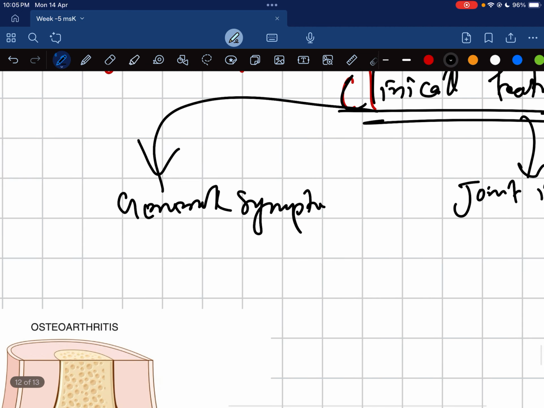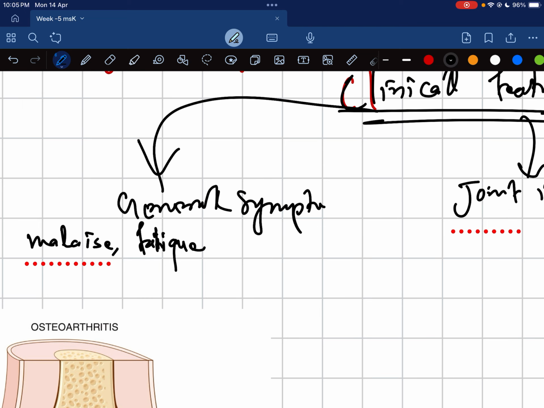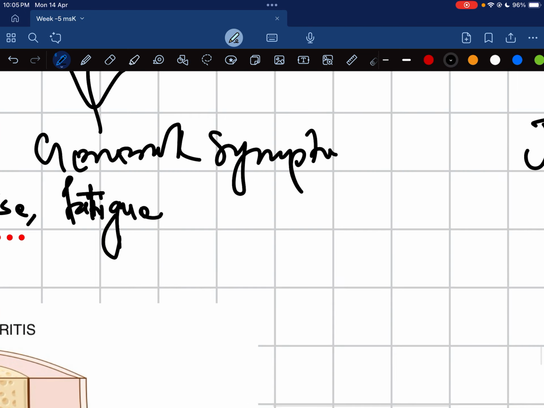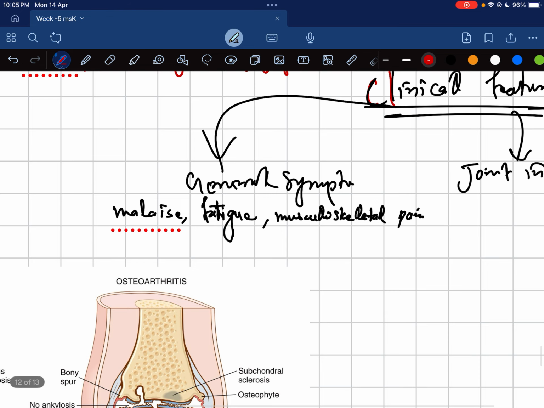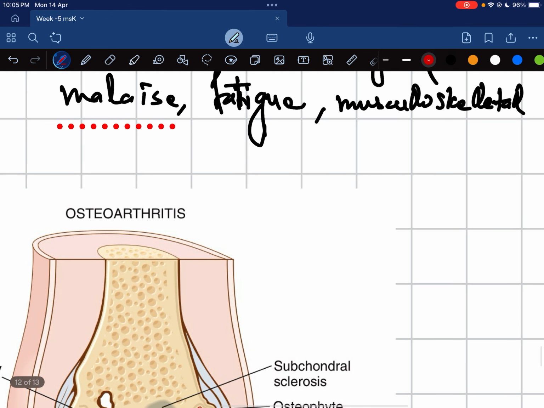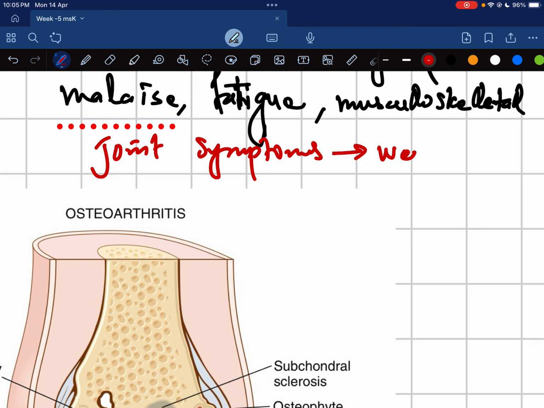In general symptoms there is muscle pain, malaise, fatigue, and musculoskeletal pain. Joint symptoms follow over weeks to months.